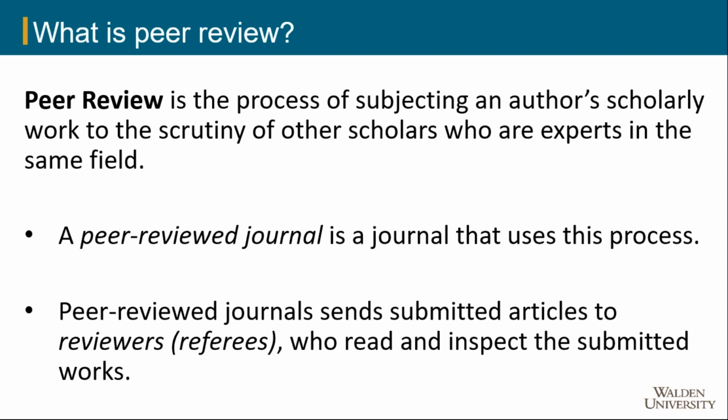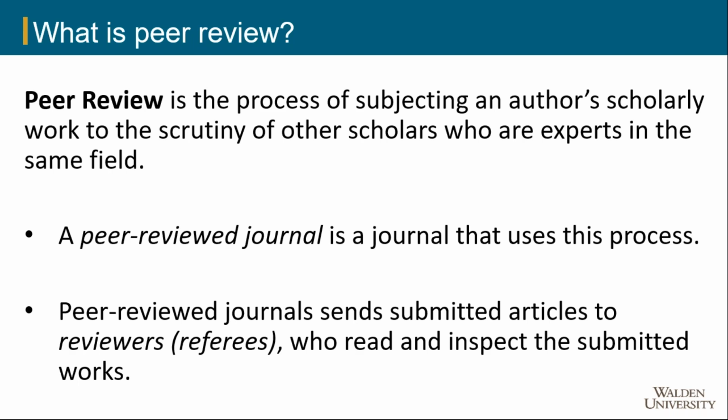So while peer review is the actual process, what we call a peer-reviewed journal is a journal that uses that process. And keep in mind, we're going to talk about peer-reviewed journals and peer-reviewed articles. An article that is called a peer-reviewed article is really an article that was published in a peer-reviewed journal.